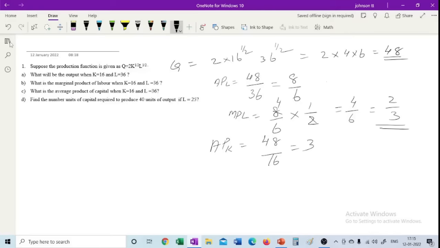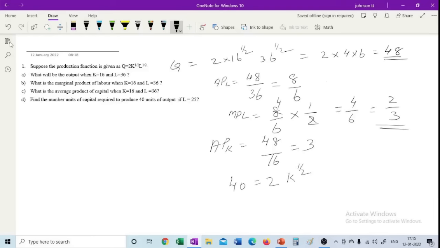The next part, find the number of units of capital required to produce 40 units of output. So it is given that the output is 40. So we can write 40 is equal to A into, so A is 2, from the question itself. So 2 into k raised to 1 by 2.